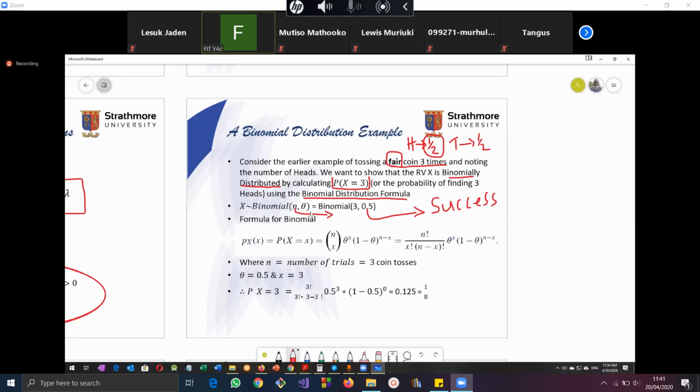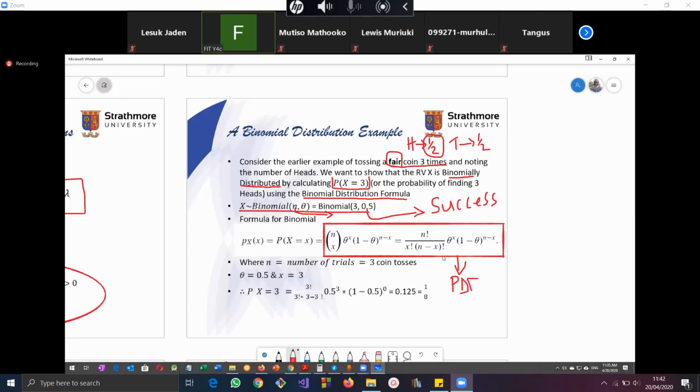After writing a distribution like this, a distribution has a formula. For binomial, this is the binomial distribution formula. The other name for this is the PDF, or probability distribution function, of a binomial distribution, and it is defined like this.